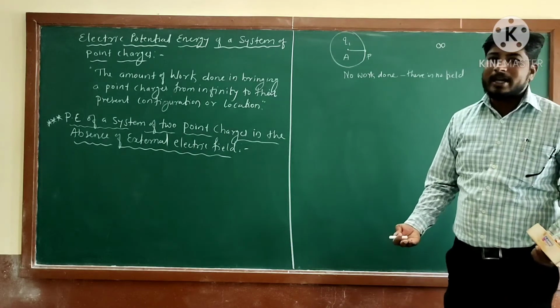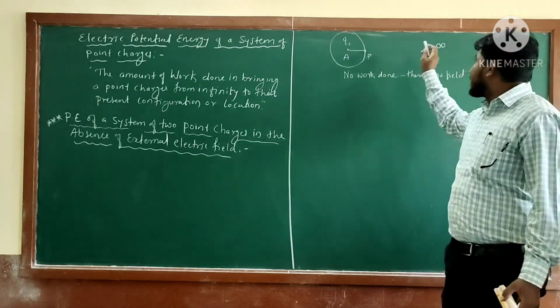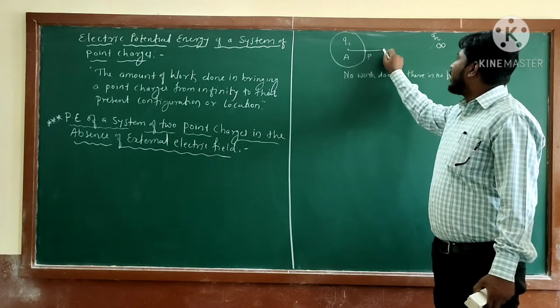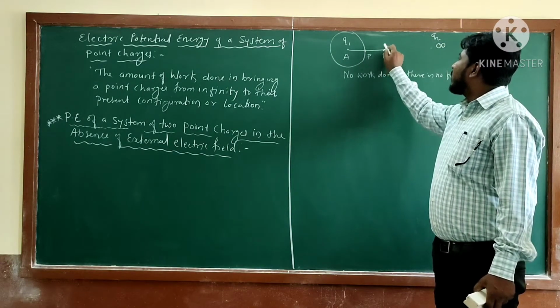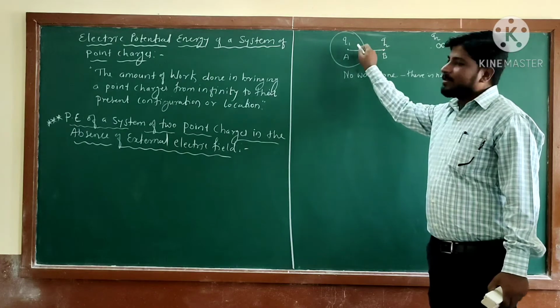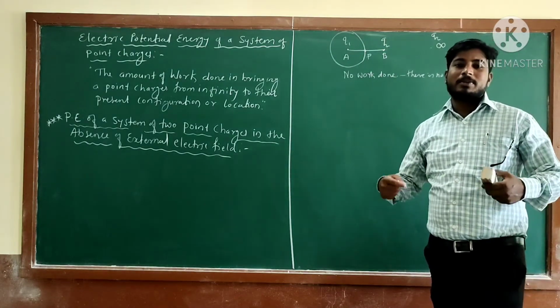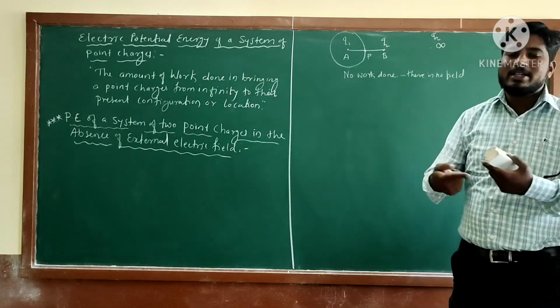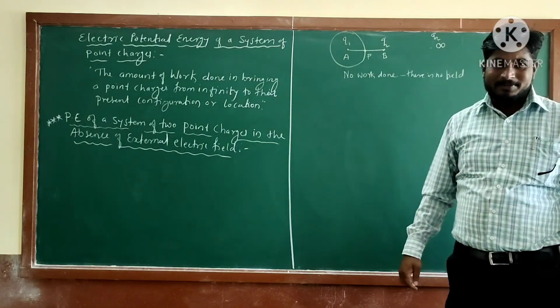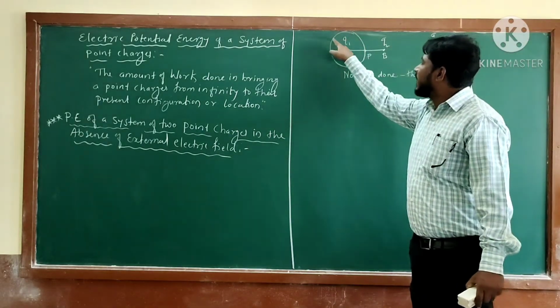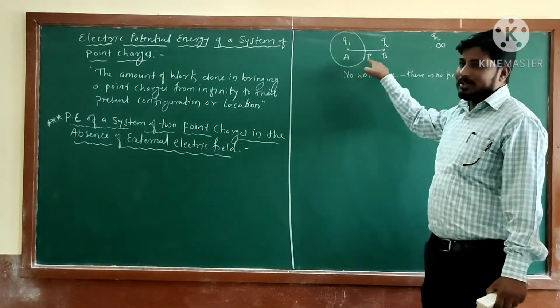Now suppose I bring one more charge Q2 from infinity to this point, say at point B. There is an electric field now, so work must be done against this electric field, because this charge has some electric field and some potential around its region.